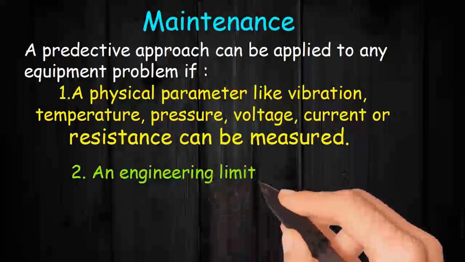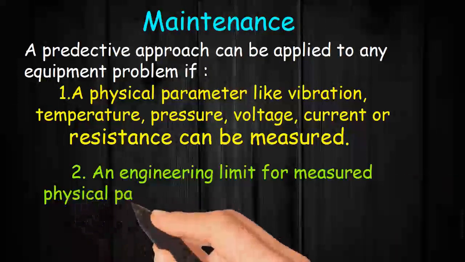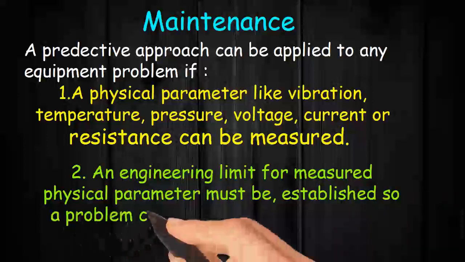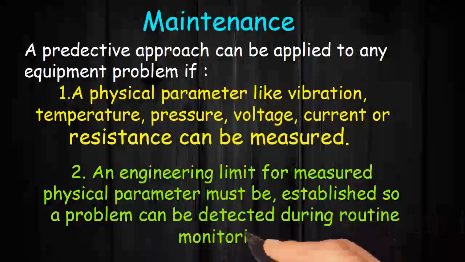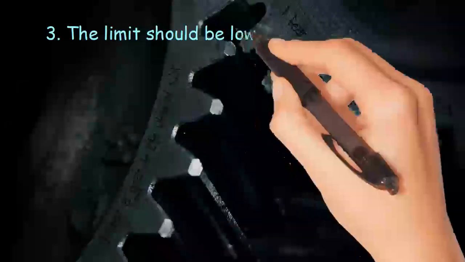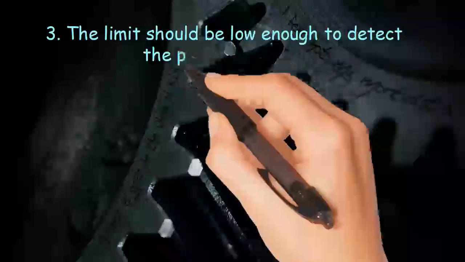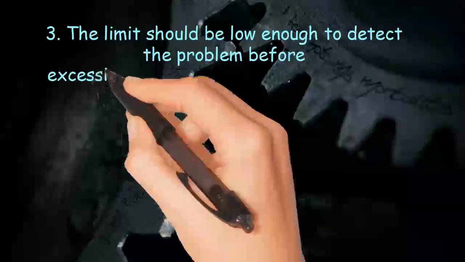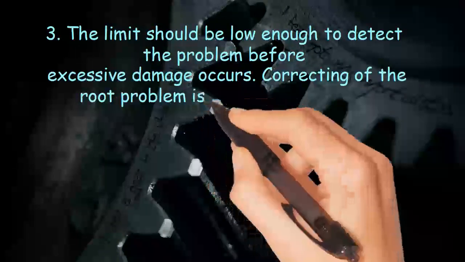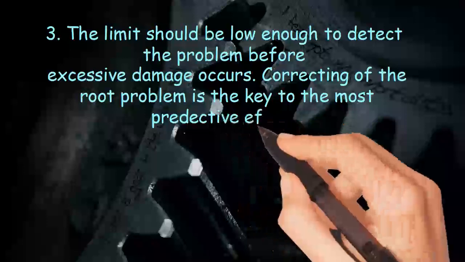An engineering limit for the measured physical parameter must be established so a problem can be detected during routine monitoring. 3. The limit should be low enough to detect the problem before excessive damage occurs. Correcting the root problem is the key to most predictive effort.